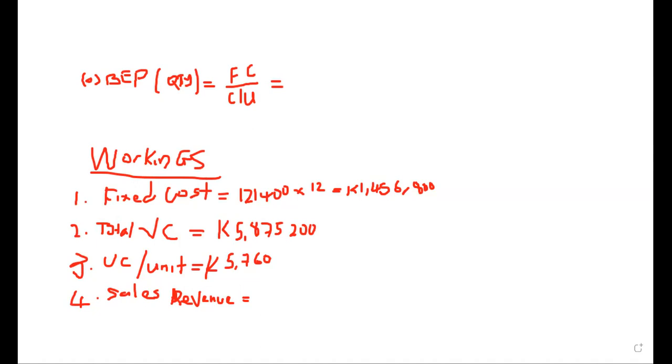So give me the total. Here we have 800 in August, 800 up to December. So just multiply 800 by 5. This is already 3,200,000.